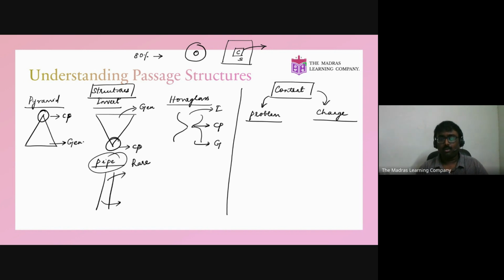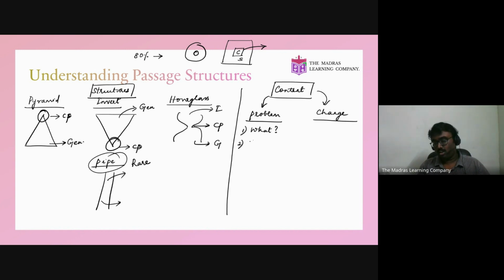Now, when you understand that the passage is talking about a problem, you will know if you read the first paragraph. Then what you can immediately do is get answers to four questions to understand what the problem is. What are the four questions? First, what is the problem?